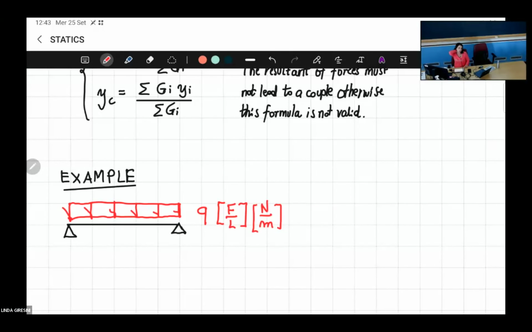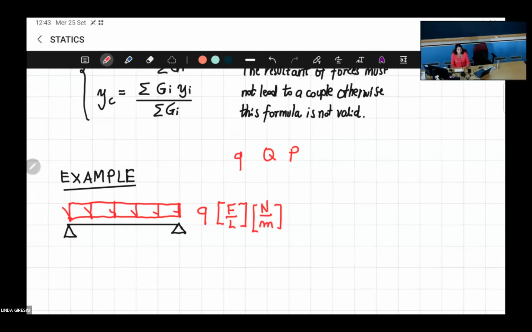Many times your friends and colleagues at the exams exchange q for capital Q or P. So they think that q as distributed load or line load is the same as a capital Q. Absolutely not.